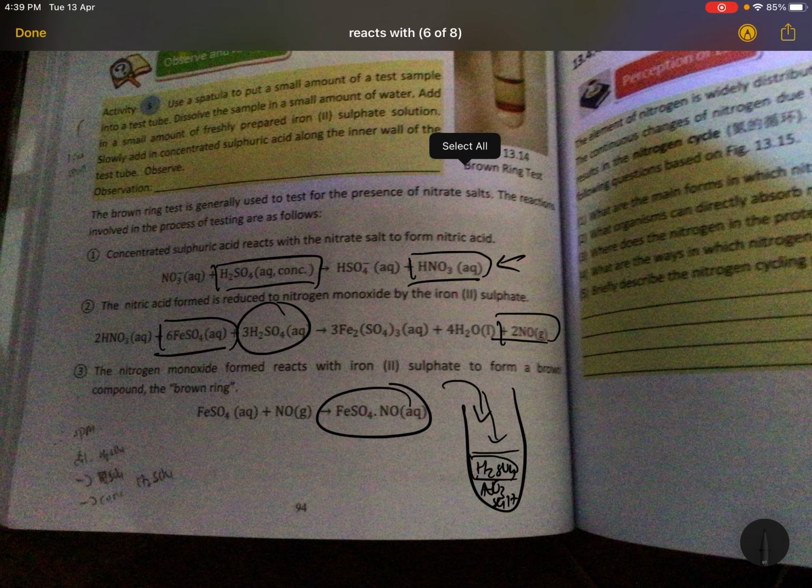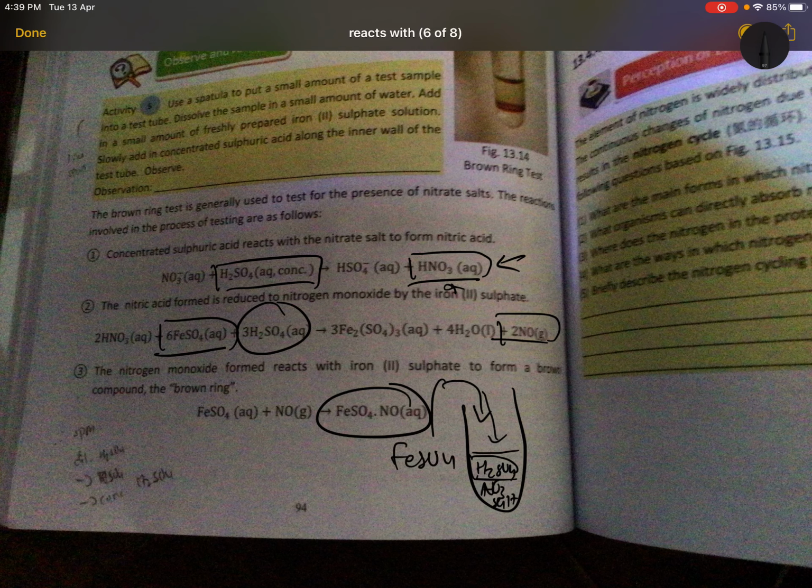So what this means is, remember, H2SO4, HNO3, NO3 salt, and FeSO4 are all added together. So what happens here is the H2SO4 reacts with the nitrate salt. It will produce HNO3.